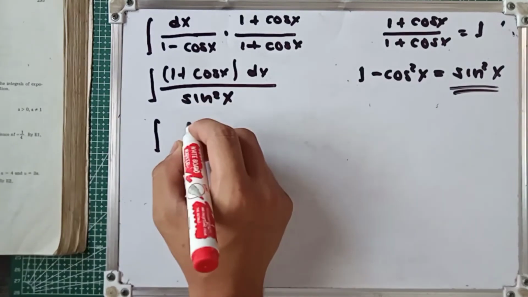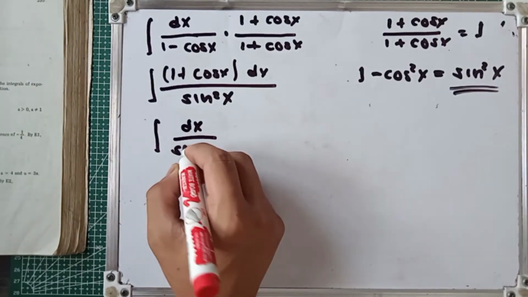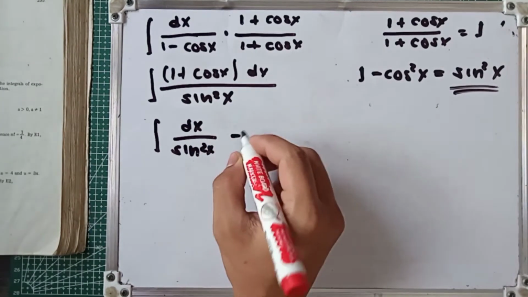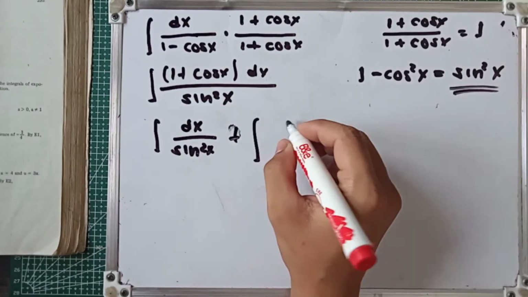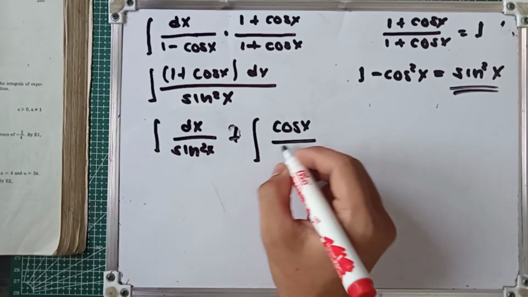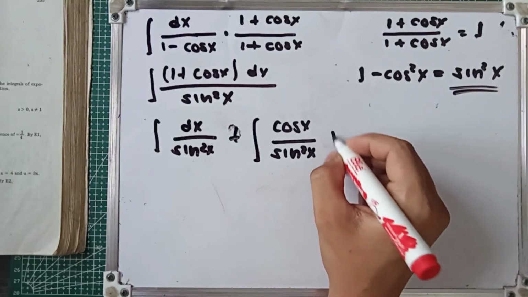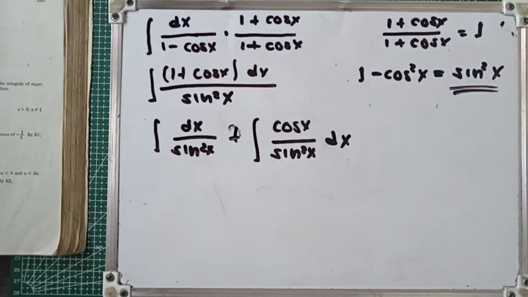So, basic lang yan. So, dx over sine squared x is equal to, plus, okay, we have addition here, integral of cosine x over sine squared x dx. Remember na ang equivalent value from the basic identities ng trigonometry, ang 1 over sine is equal to cosecant.